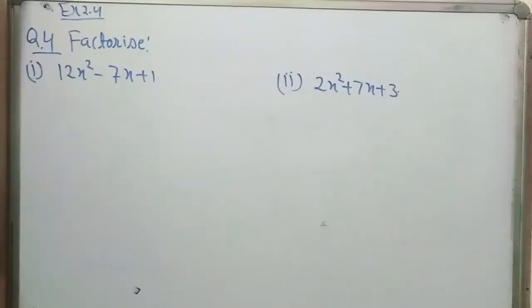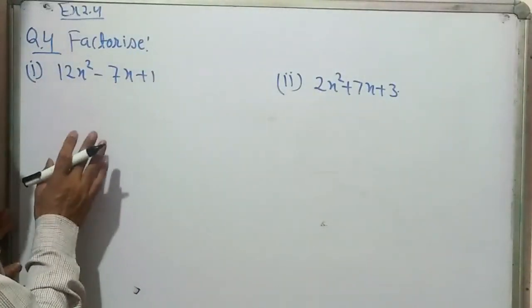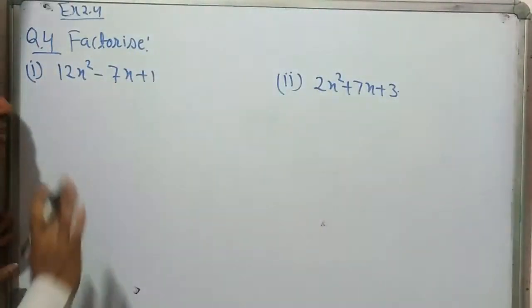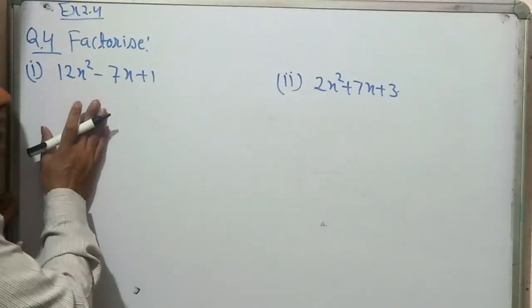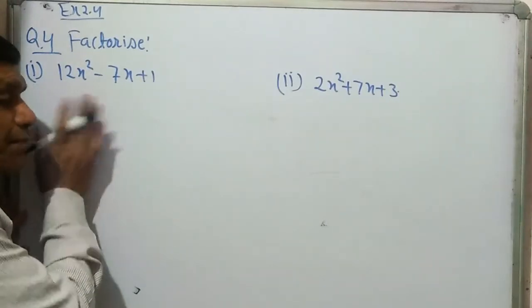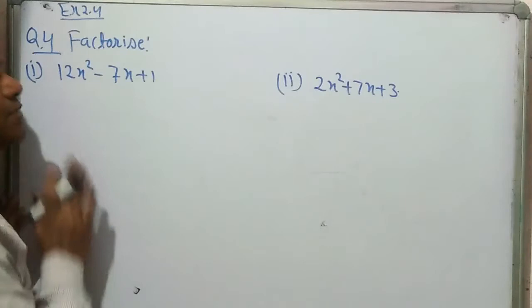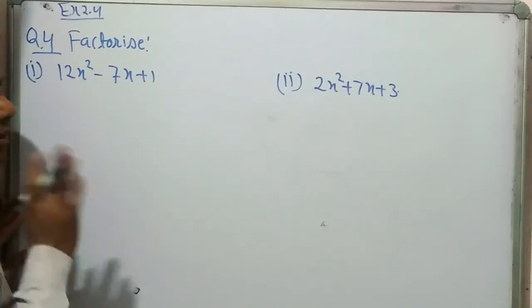by 2. So question number 4 of this exercise is, you are given to factorize quadratic expressions, and please remember, whenever quadratic expressions are there, first we may try splitting the middle term. If that is possible, we don't have to use factor theorem, right?